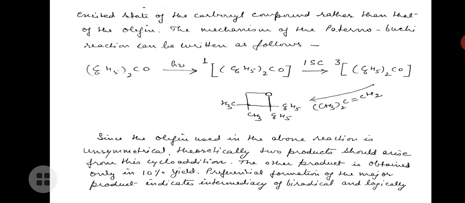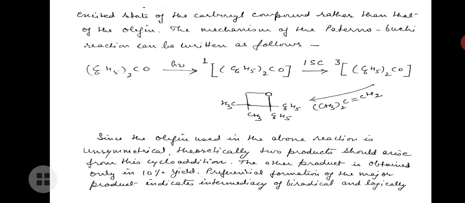Now let us understand the mechanism of this reaction. So here is the reaction written for you. Benzophenone in the ground state, on irradiation, forms the singlet excited state of benzophenone.